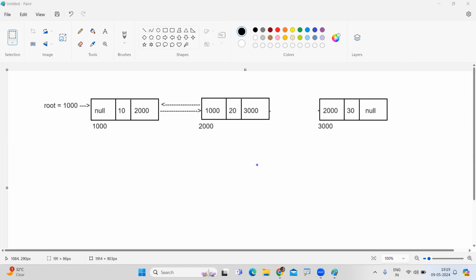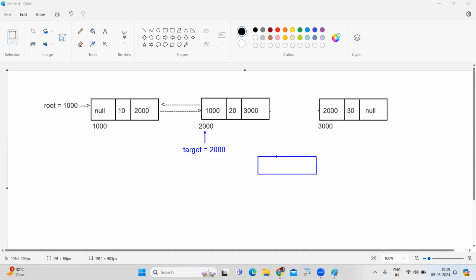Now suppose if location is valid, first we just move the control to this location using one variable. Suppose target variable, target is 2000. So you need to connect the node here.